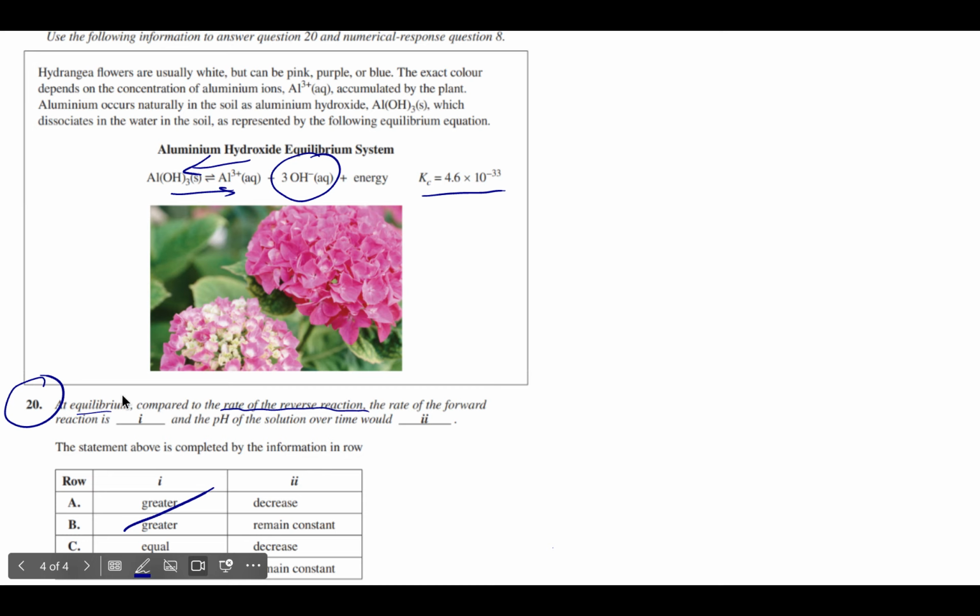So with that, nothing's happening to the pH, right? Because you're in equilibrium. So if you're in equilibrium, your pH has to stay constant. So you can rule out C, and I'm not sure if you can see this on my screen here, but the answer is that it's equal and it will remain constant.